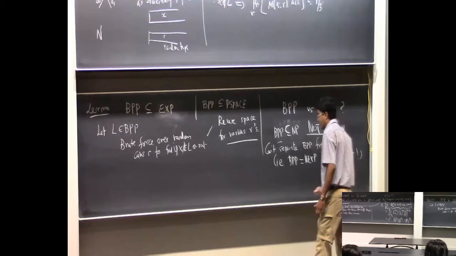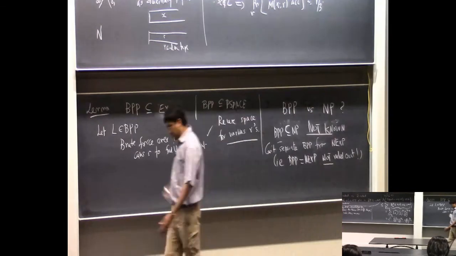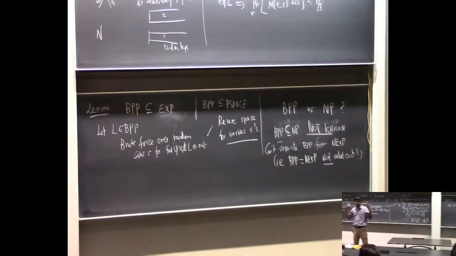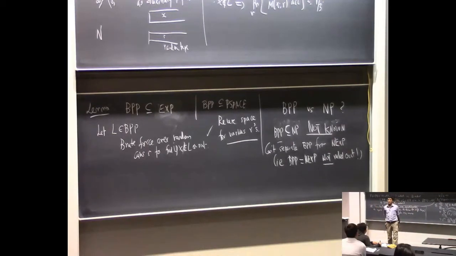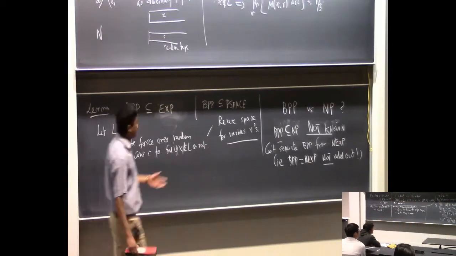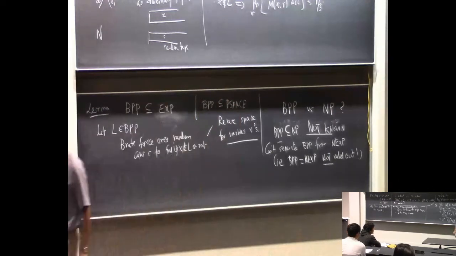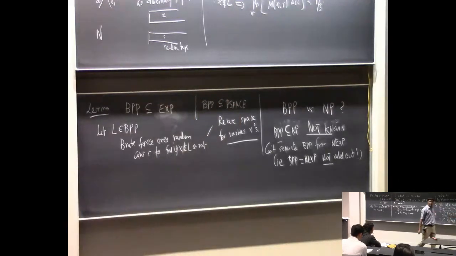So not only can't we limit the power of BPP by NP, we can't even rule out that it is equal to non-deterministic exponential time, which would be phenomenal. You could do everything you care about more or less in BPP, and even that is not ruled out. So somehow our understanding of these random classes is not very refined. On the one hand, we believe it is equal to P, and I'll try to hint at why people say that in maybe the last third of the class, just for culture and information.